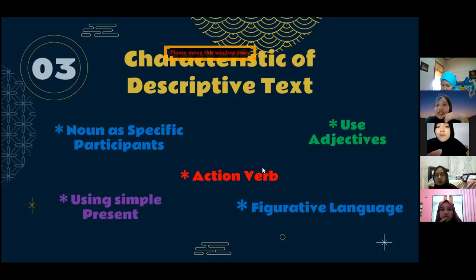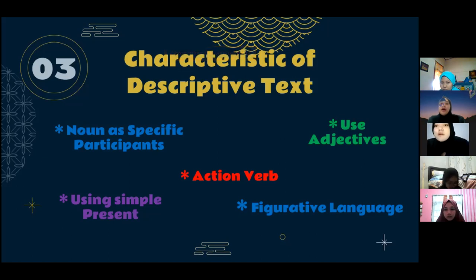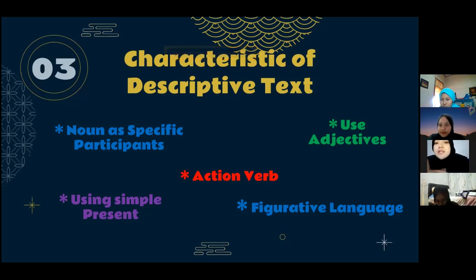Okay, so until here, do you have any questions, guys? I have a question, Miss. Okay, good. Must all of those characteristics always exist in the descriptive text, Miss? Like the whole of the characteristics.